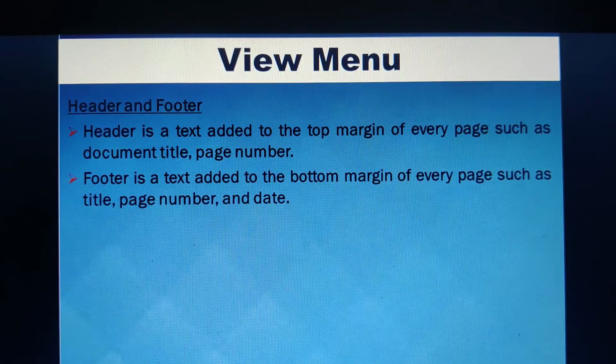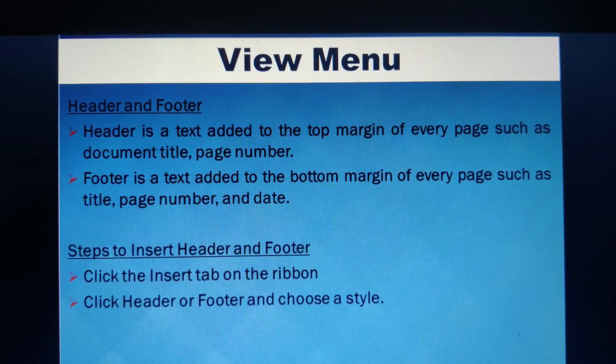Now let us see the steps to add a header and footer to your document. In the latest version of MS Word, we have the header and footer option under the insert tab. Earlier it was under the view menu, but now it is under the insert tab, which is present on the ribbon.